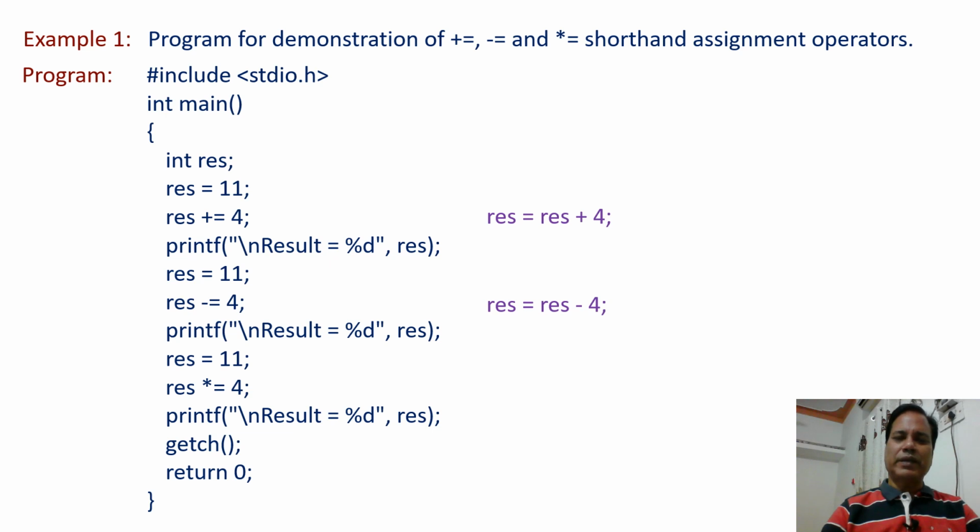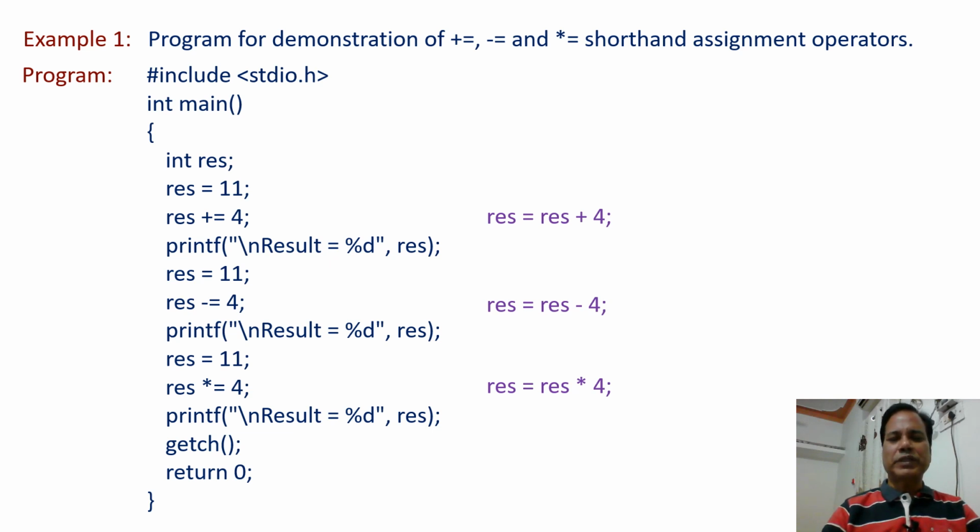Again we assign the value 11 to res and use the next statement, res *= 4. The meaning of this assignment operator is the same as res = res * 4. So we multiply the value of res with 4: 11 into 4 is 44.